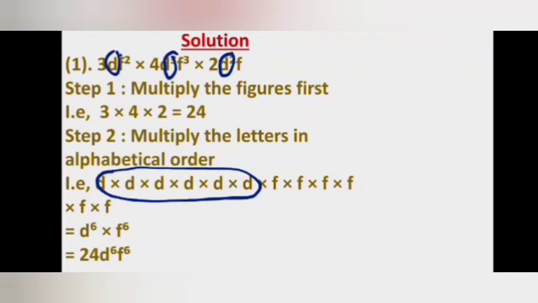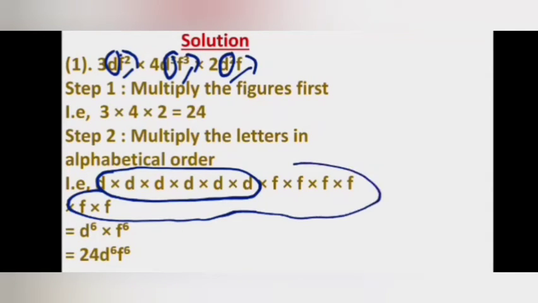All right. Then we'll go to the other letter. Here we have f squared. We have f raised to the power 3, which is f cubed. Then we have the other one, f. So you count them: 2 here, 3 here, and 1 here. When you add all together, you definitely have 6.